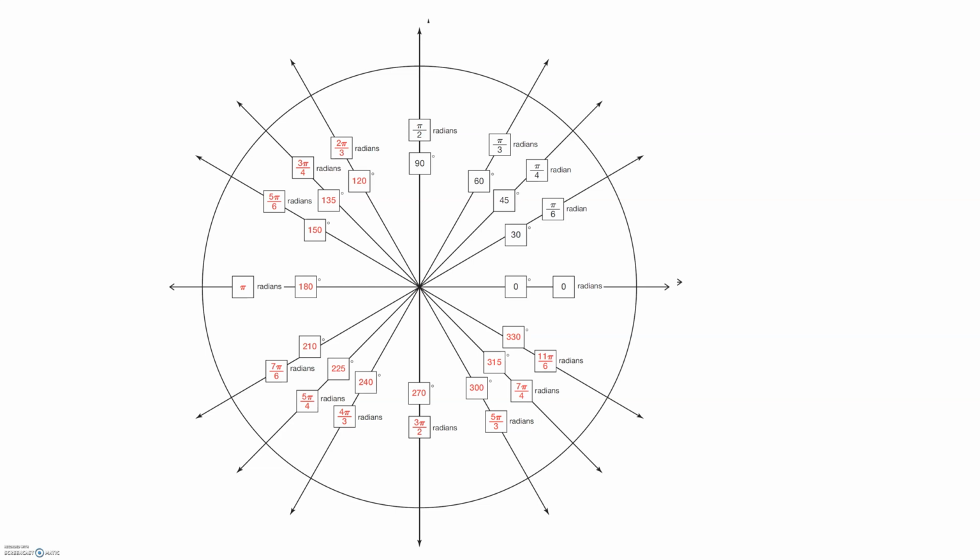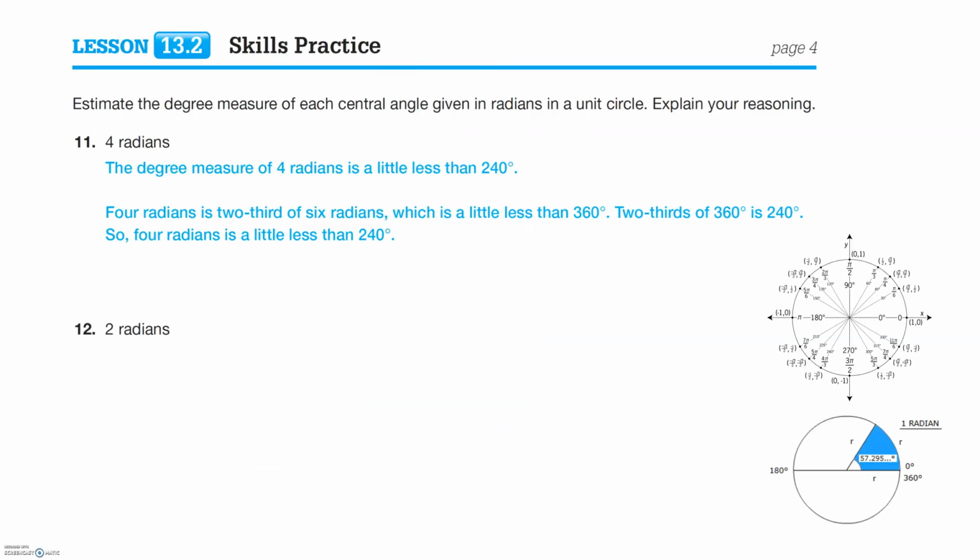The last part of the lesson is this one: estimate the degree measure of each central angle given in radians in a unit circle. Explain your reasoning. From last class, we said that it takes about 3 radians to cover half of the circle and about 6 radians to cover the entire circle.